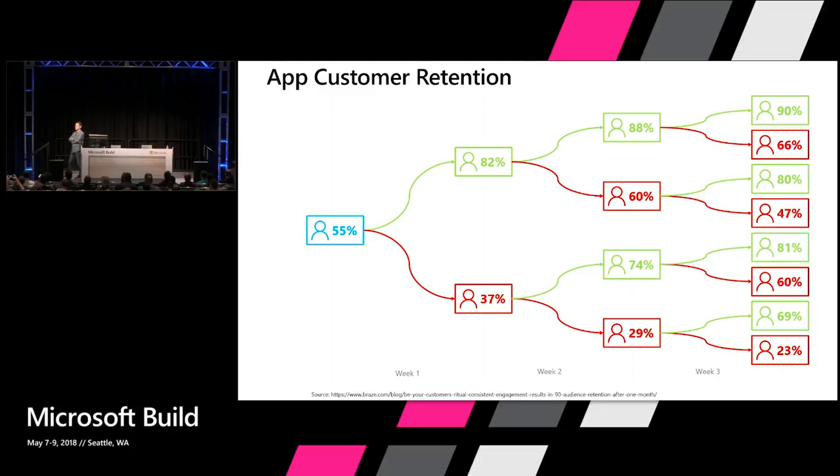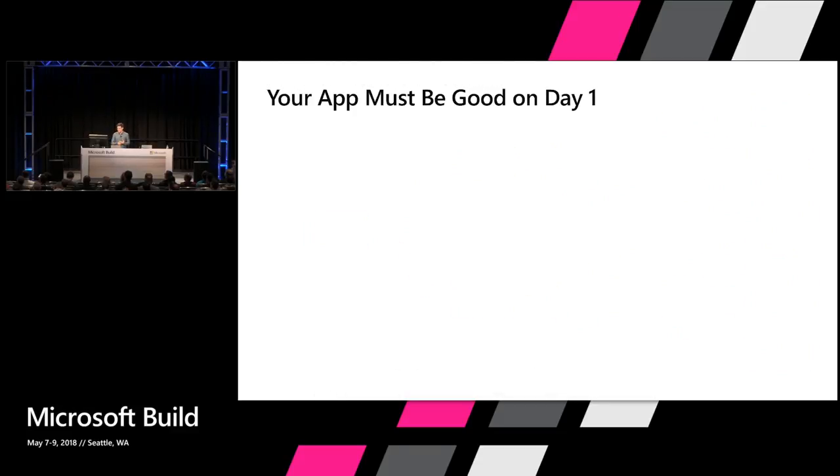If you manage to get your users to use your application at least once a week, there's a 90% chance you're going to retain those customers. But if you mess up your onboarding experience, you'll only retain 23% of your users. So you really want to get this right. The drop-off there is significant, 82 versus 37, just from people that try your application in the second week.